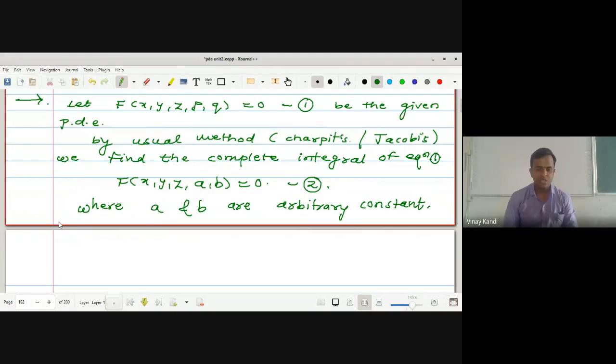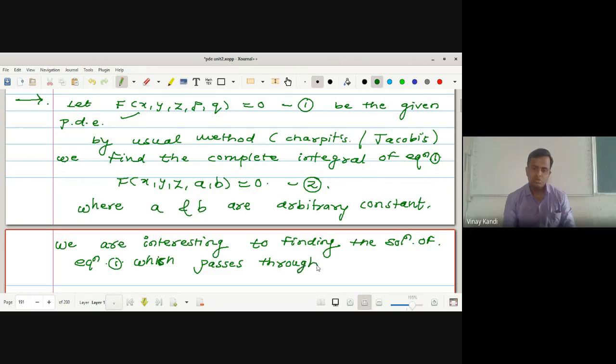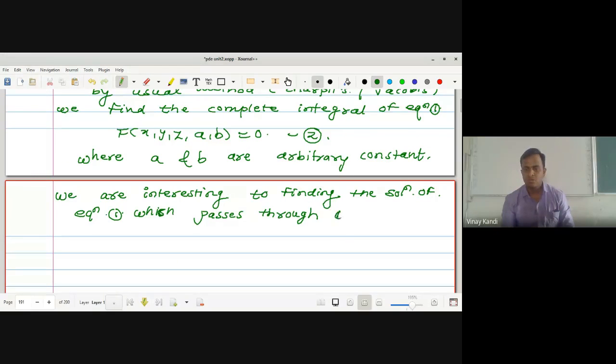Okay, so we are interested in finding the solution of equation 1 which passes through the curve given in parametric form.